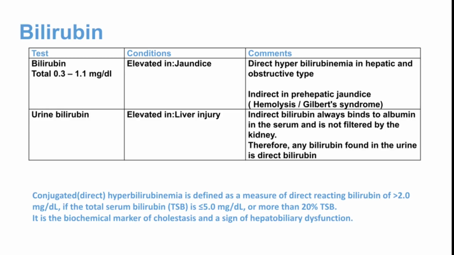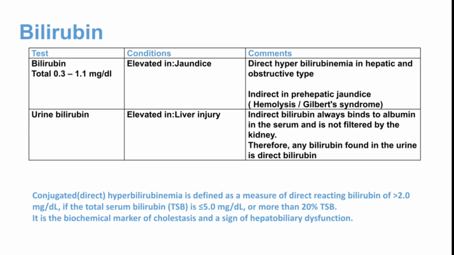It is elevated in jaundice. It can be direct or indirect. Direct hyperbilirubinemia is seen in liver injury and obstructive jaundice. Indirect bilirubin is elevated in hemolysis or Gilbert syndrome. So it is a prehepatic jaundice, indirect.